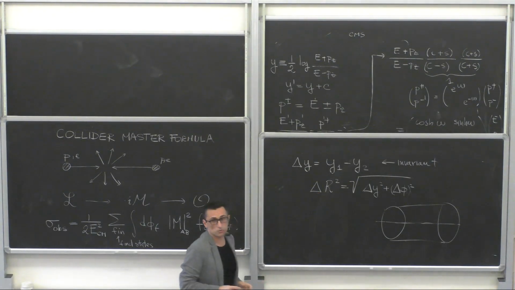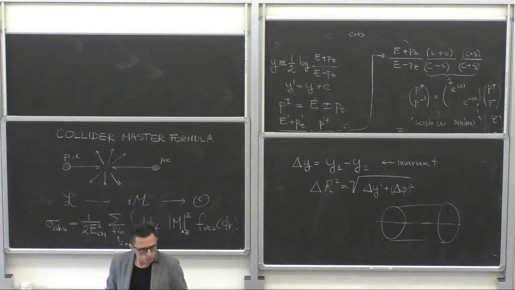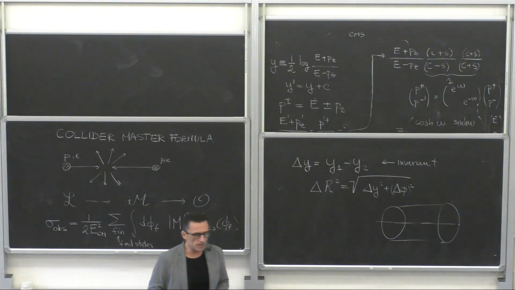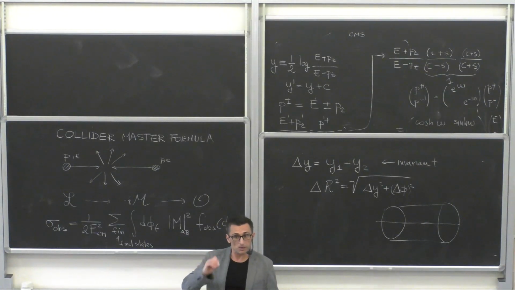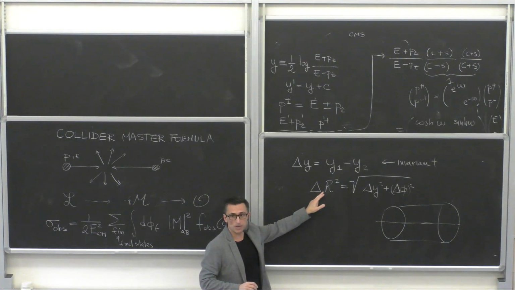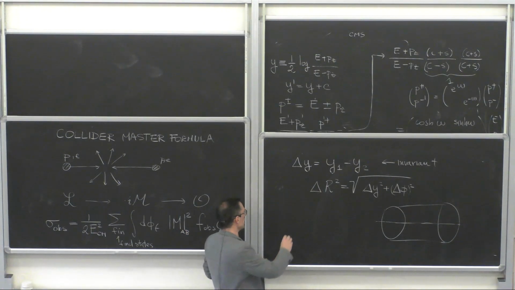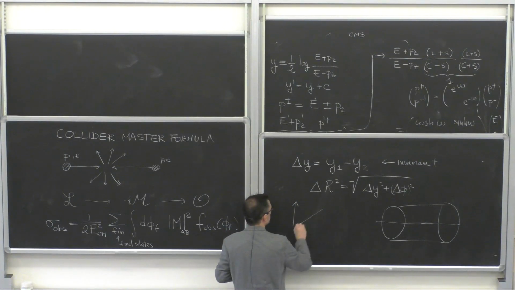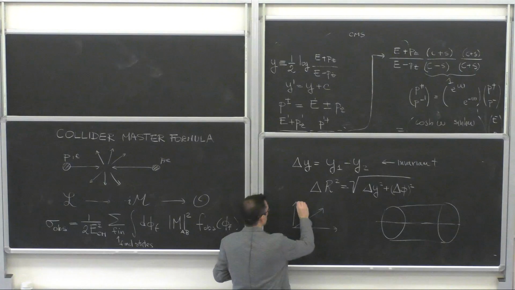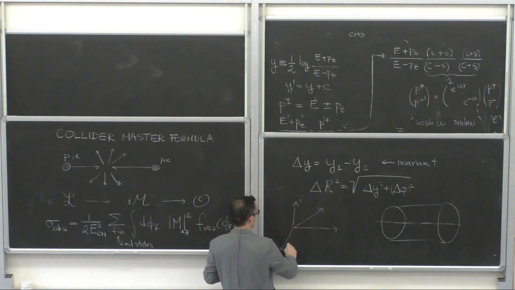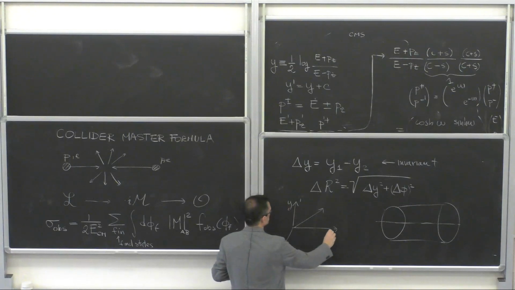And that's the reason why we use the colliders, because in principle we never know, right? I mean, you might not know, depends on the final state, you might not know what is the Platonic center of mass. So we want quantities which are invariant. So the distance between two particles is invariant. The other things which are invariant are the projection of the momentum of the particle along the transverse direction. Okay, so here you have x, y, and z.